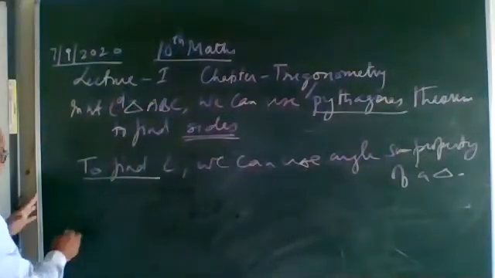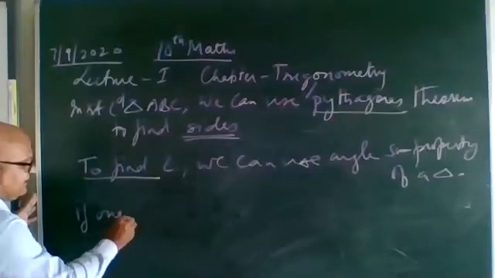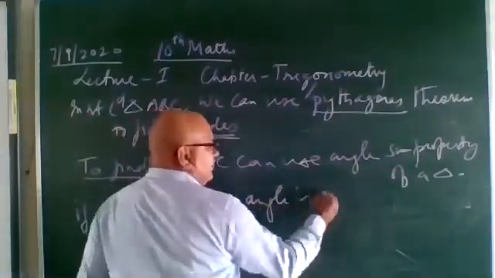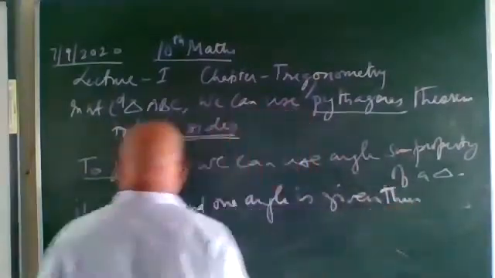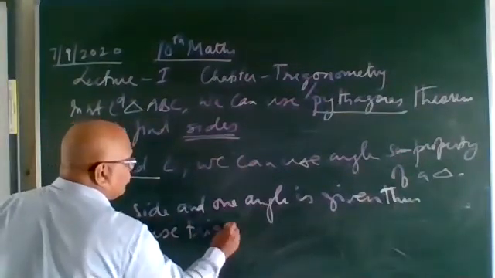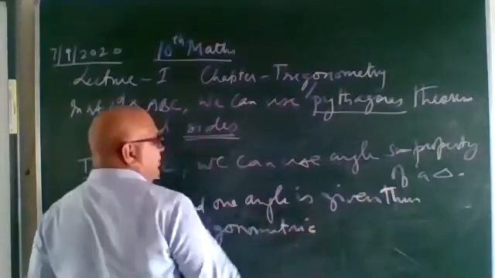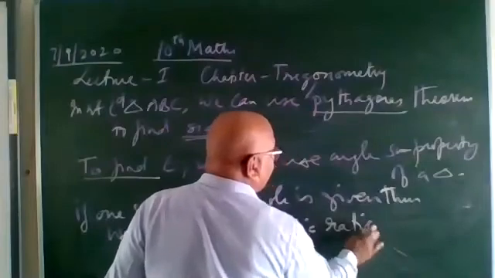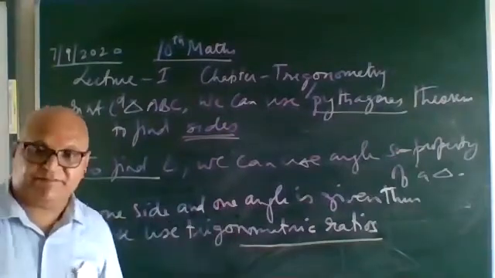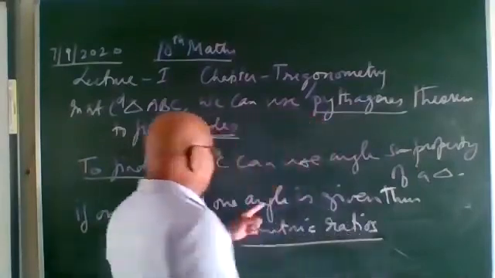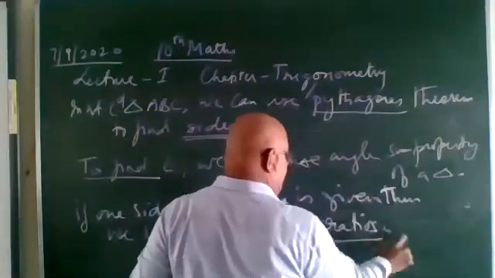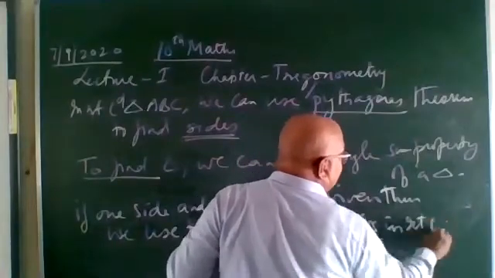Now, if one side and one angle is given, then we use trigonometric ratios in right angle triangle.